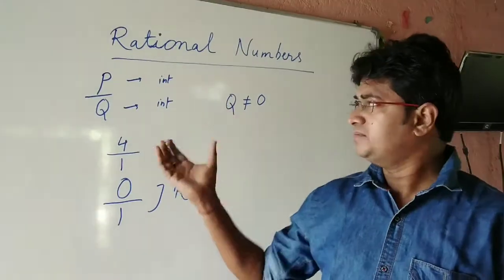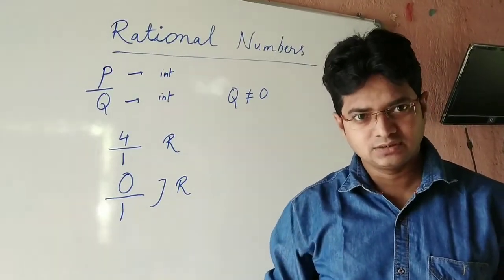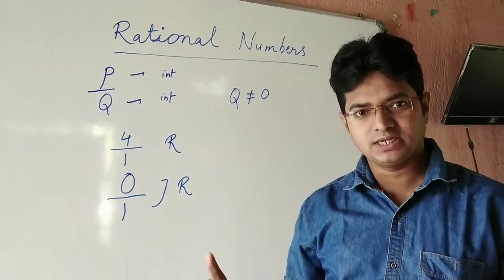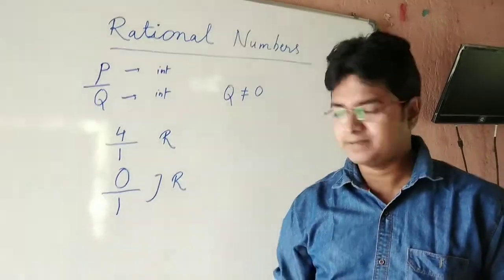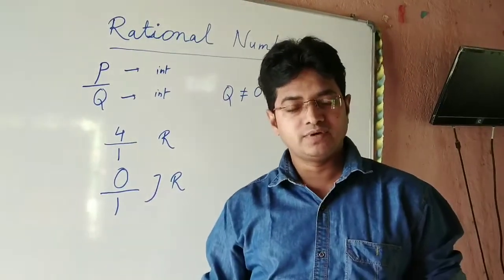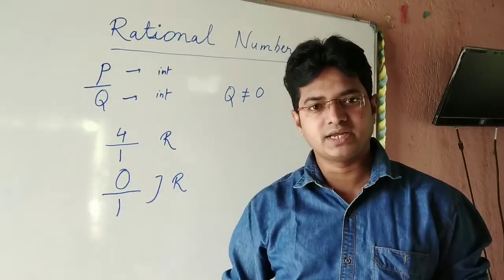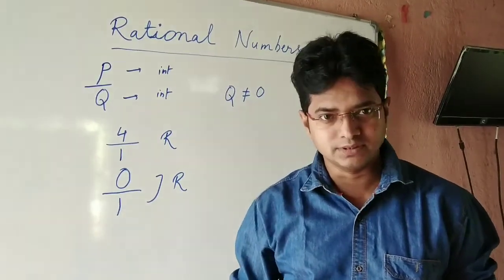See, a rational number is very much equivalent to a fraction. Whatever operations you have done in the chapter on fractions, the same thing can be done here. In fractions, if you recall, you have done equivalent fractions. In the same way, we can take out equivalent rational numbers.